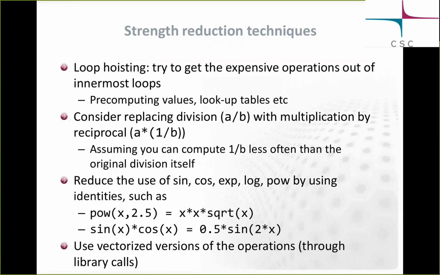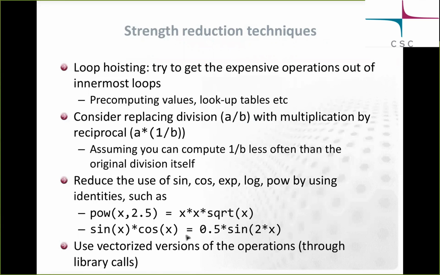Sometimes even pre-computed values in lookup tables may be less expensive. And a typical trick in optimizing the innermost loops is that replacing divisions by multiplications with the reciprocals can give a significant performance benefit, assuming that you can compute this inverse less often than the original division.